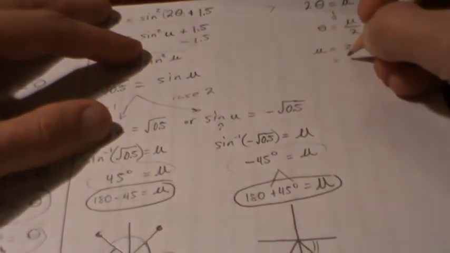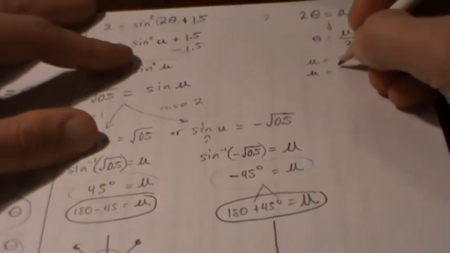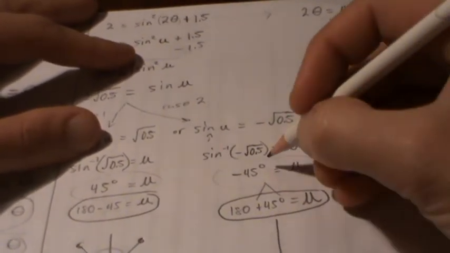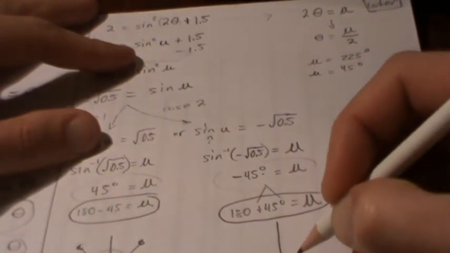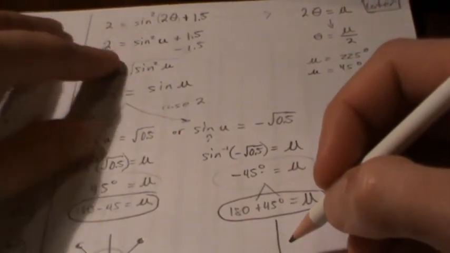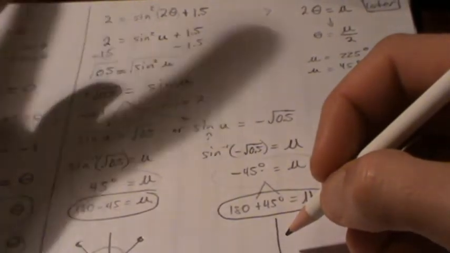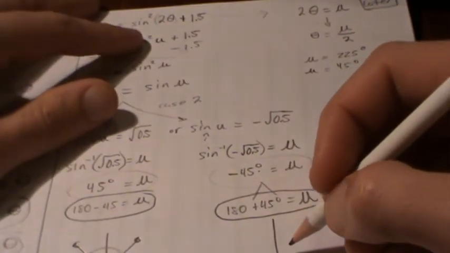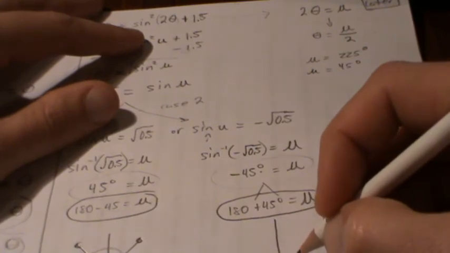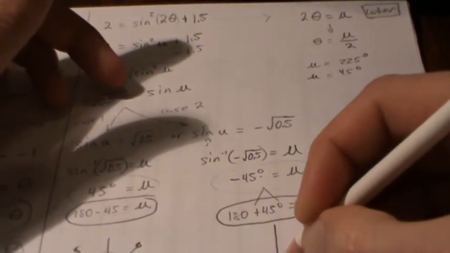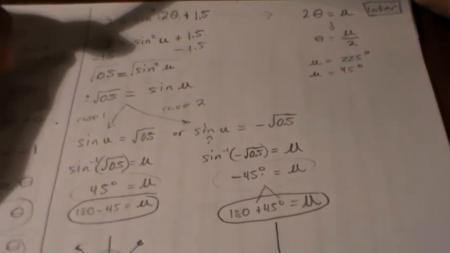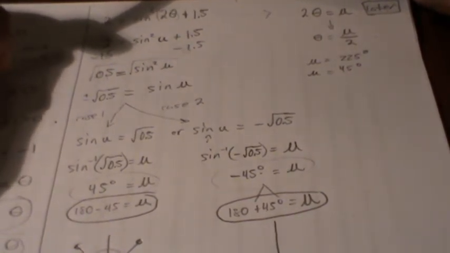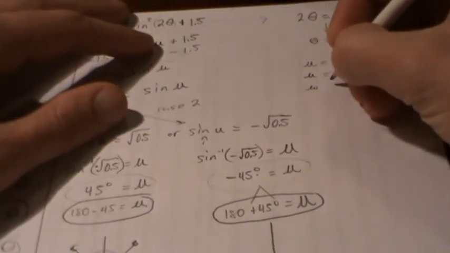u can equal 45 as well. Negative 45, by the way, is not in the domain, because remember, we're looking for angles between 0 and 360. So I have to figure out 360 minus 45, which is 315.